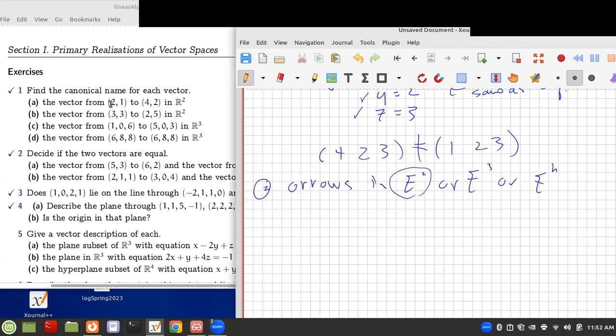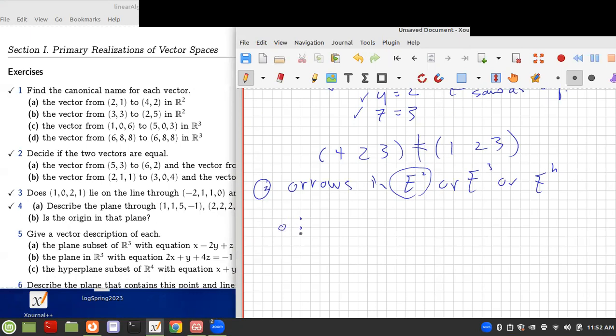The vector from (2, 1) to (4, 2) in R2. Okay. Well, what this means is we have the arrow from (2, 1) to (4, 2). And what is the canonical name of that in terms of the components, in terms of R2? So this is the conversion or connection between arrows, like we go over (2, 1).